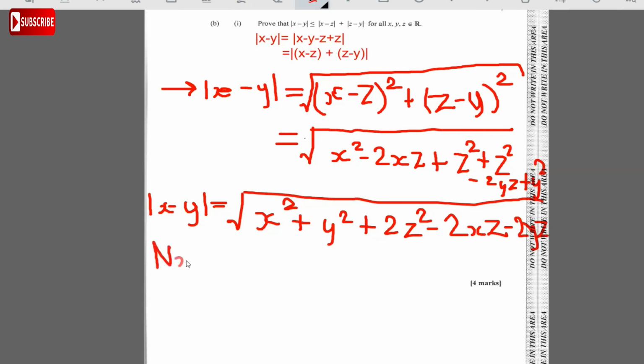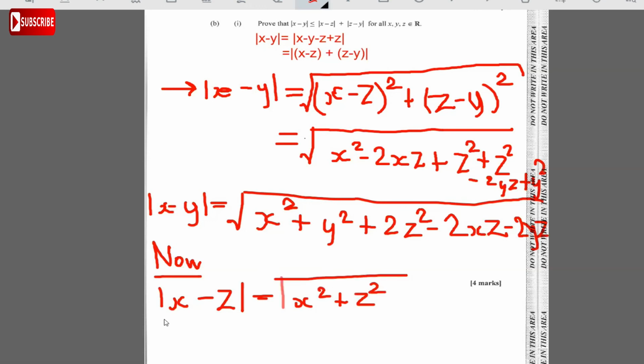The modulus of x minus z is equal to x squared plus z squared square rooted, and the modulus of z minus y is equal to the square root of z squared plus y squared.